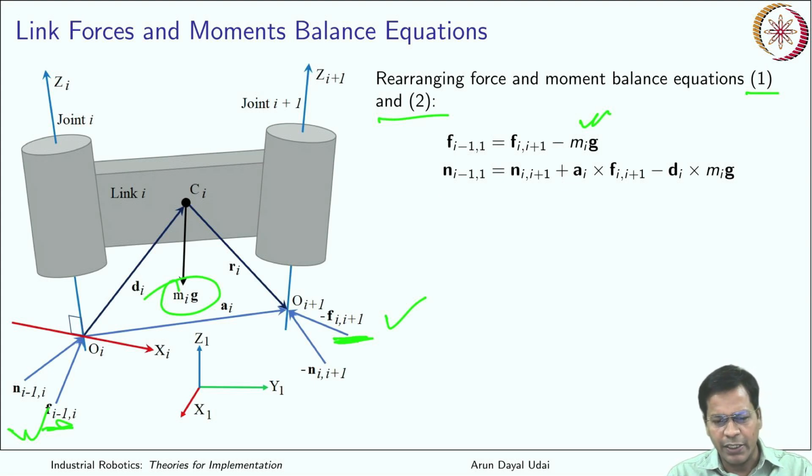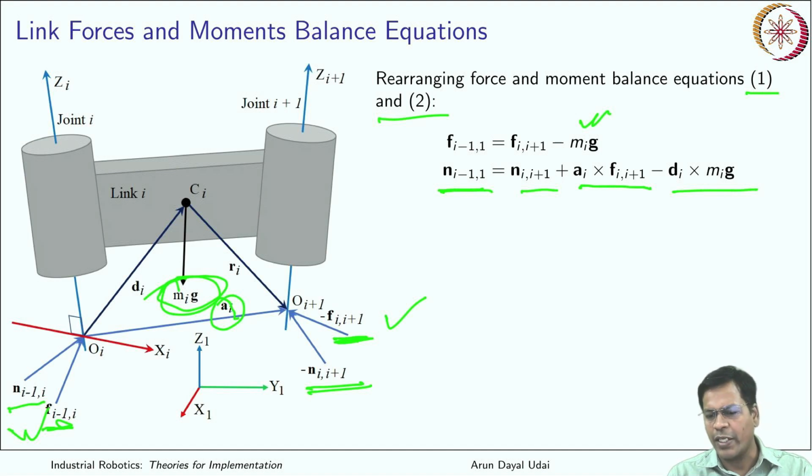Okay, similarly Ni minus 1 I, this one is equal to, you have a moment which comes here and moment that are created due to the forces. So one of the force is over here, so that is this and this. Again you have another moment that is created due to Mig, with Di. So that is all. So you have expressed the same 1 and 2 equations in this form.